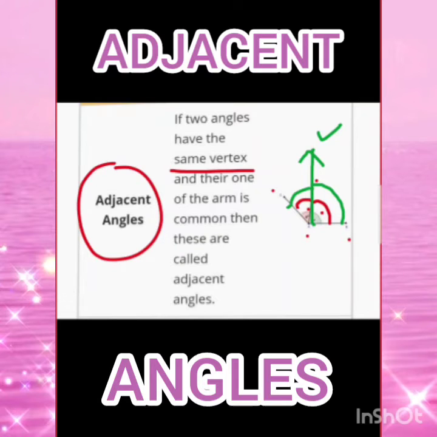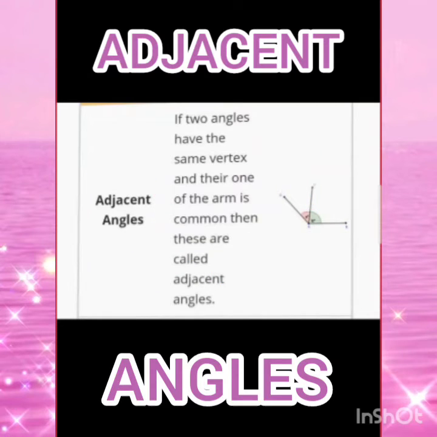That's why these two angles are called adjacent angles. Got it? Why are they called adjacent angles? Because these angles have a common arm, and you can find a common vertex also. That's why they are adjacent angles.